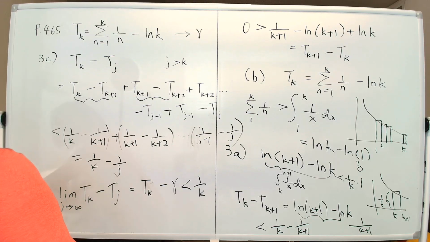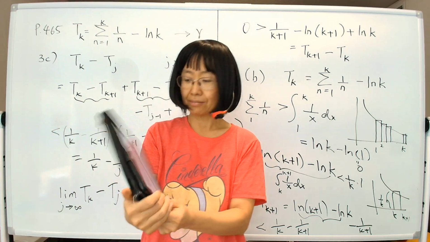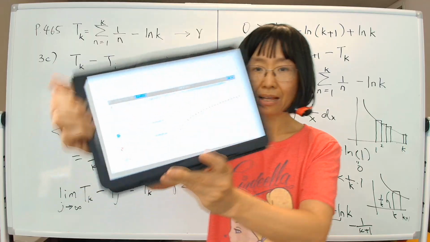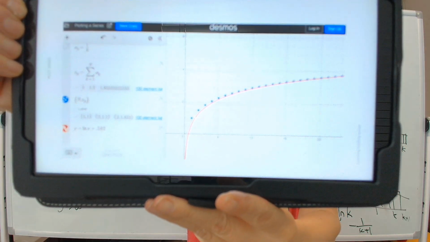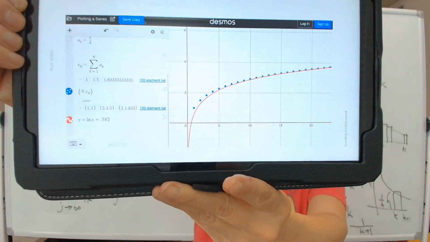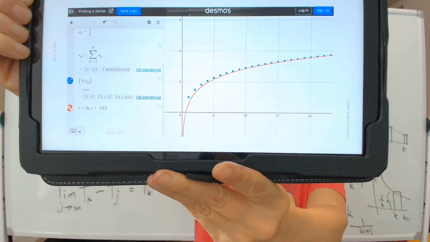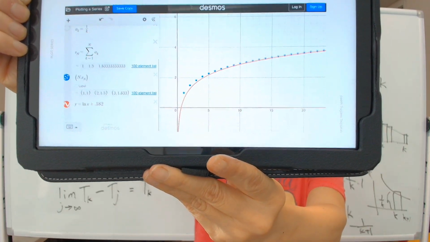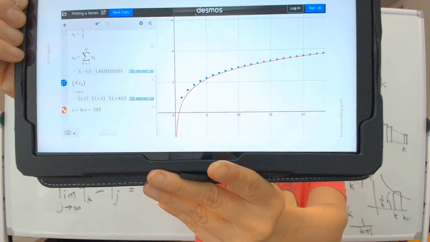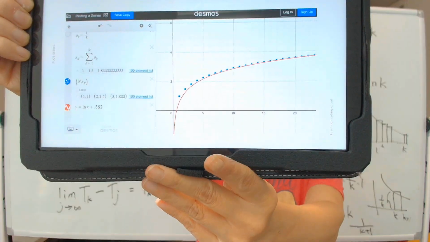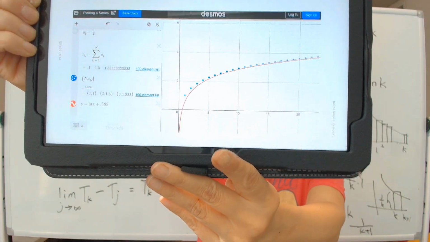I also plotted the graph of this to show you. Where's my graph? Here it is. Okay, now take a look at the graph. Should I make it bigger? Nah, that's big enough, maybe. Okay, let's see if you can see it clearly. Is this too bright? That looks okay. The dots are the partial sums of the harmonic series, and the red line is the natural log adjusted upwards by about 5.8, because I was trying to eyeball it.